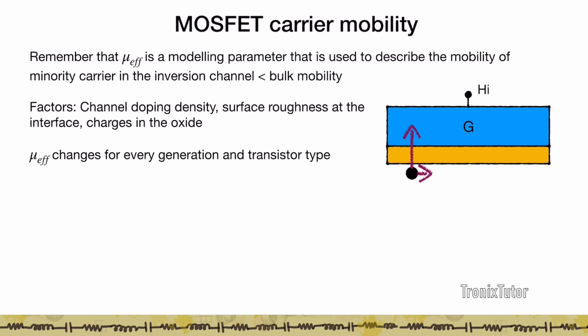Which means that for us as a designer, this term mu effective is a technology dependent term. That is, mu effective is going to change for every generation and will change for every transistor type. So if you're looking at multi-VT devices which were created by changing the channel doping density, we should expect the mobility to change for these different transistors.